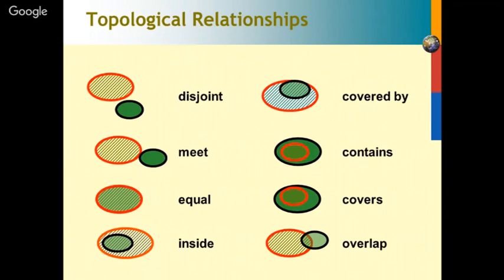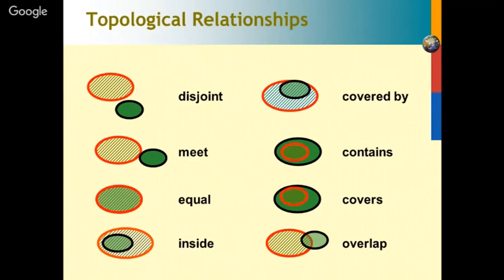Similarly, we have different topological relationships like inside or covered by, contains, covers and overlay. So these eight different operations are based on the topological relationship of different features.